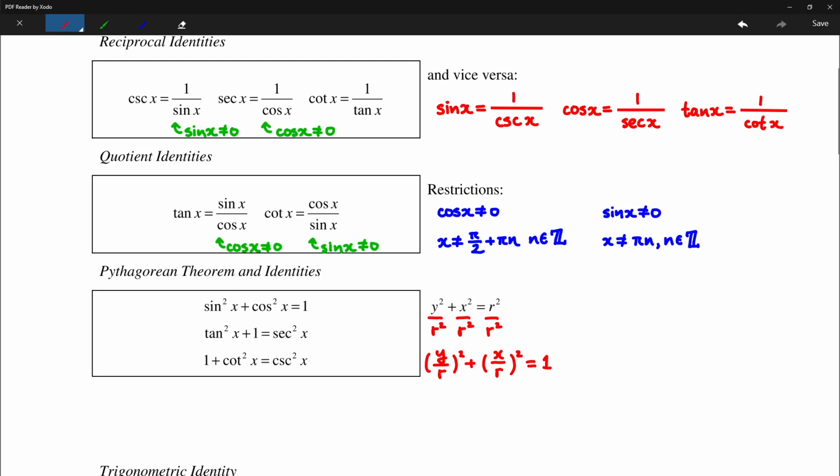Recall also the definitions of sine and cosine. So sine theta is equal to y over r, and cosine theta is equal to x over r. From there, we can replace y over r in the first term with sine theta, and x over r in the second term with cosine theta, which is equal to 1 on the right-hand side.